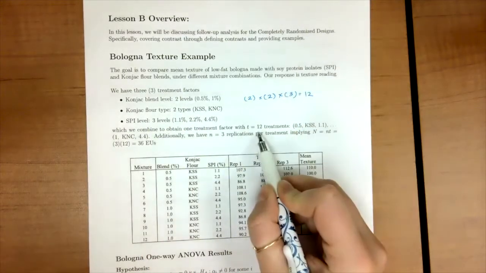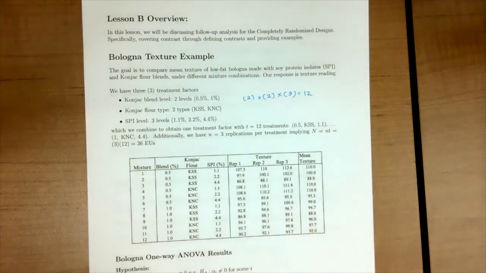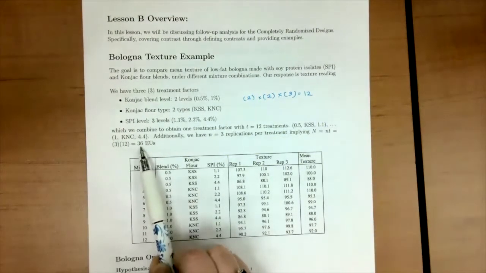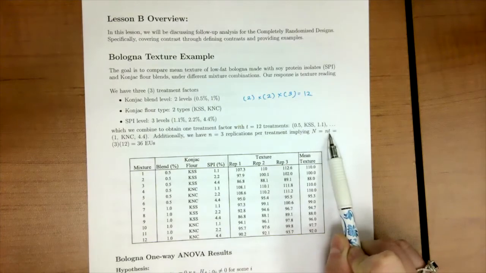We can see our data down here. We have 12 mixtures, and with each mixture, we're going to have 3 replications per treatment. So our total number of experimental units is 36, because we have 3 replicates for 12 treatments.